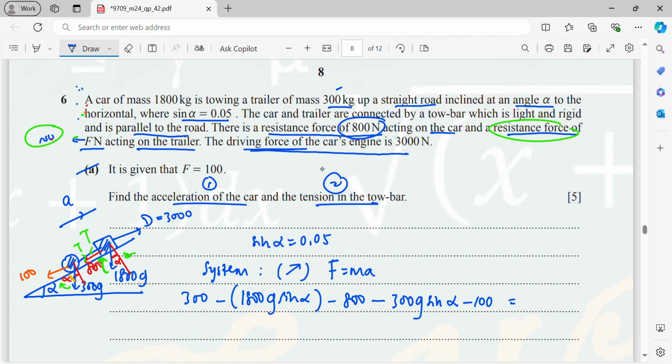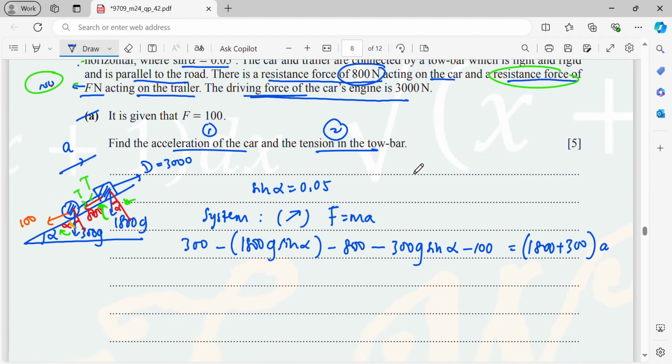The m is the total because I'm considering the system. So the total of the trailer and the car will be 1800 plus 300. That is my total mass. And then the a just remains, because you need to calculate a and T. T we find later, the tension. So now we find the a first, the acceleration.